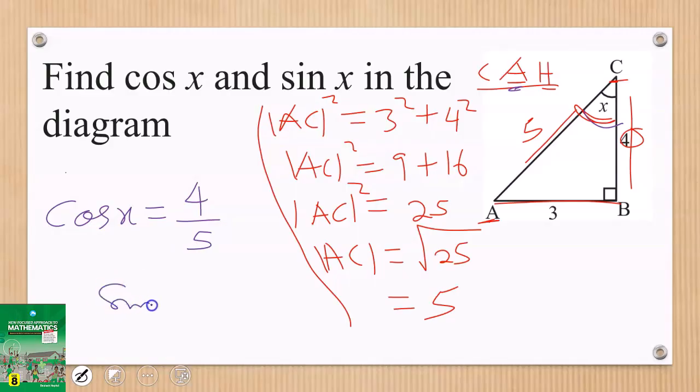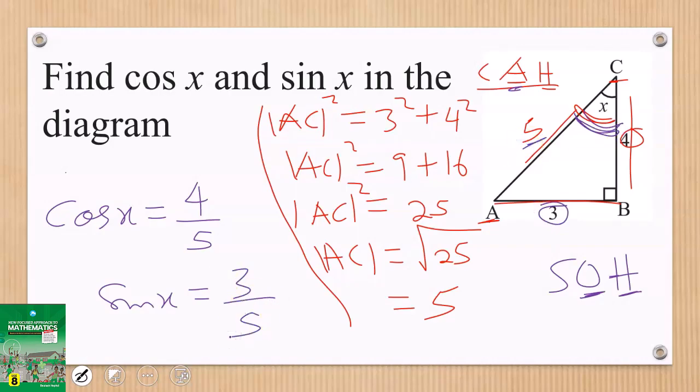Then sine x, sine goes with SOH, meaning opposite of the angle over the hypotenuse. Opposite of this angle is 3, and so we put 3 there over the hypotenuse, which is 5. So we get 3/5, and that becomes the answer to this question as well.